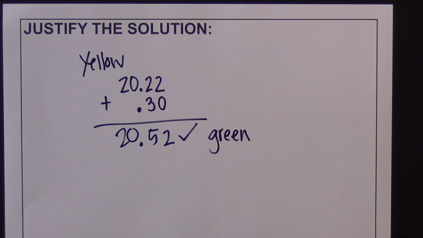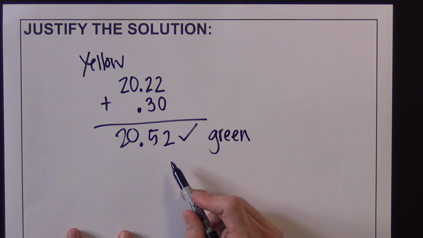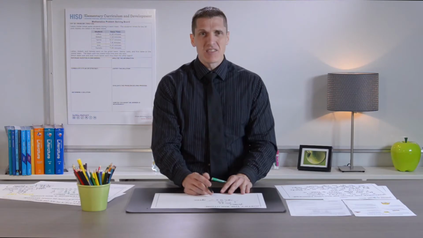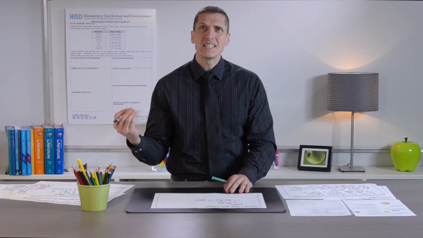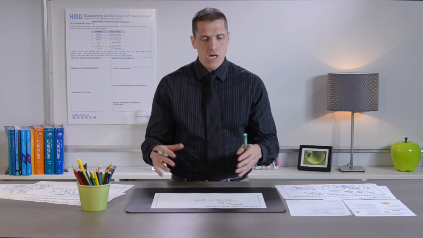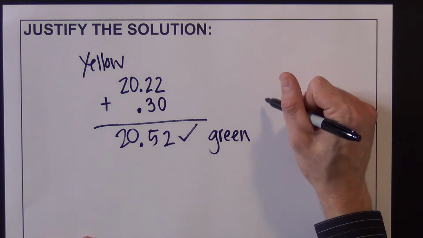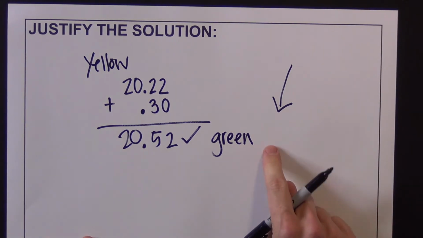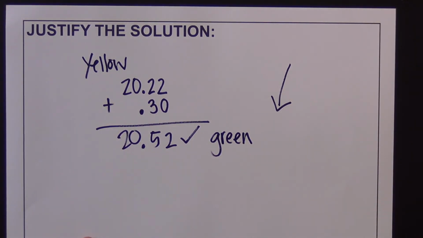So when I come back and look at this section of the board, now that I've compared to my friends, I come back to the justify and I say, well, yeah, I added it up, but the way they solved the problem was so much more elaborate. They decomposed their numbers or they used pictorial representations. So it might speak to the fact that I need a little bit more help here with justifying my solution.